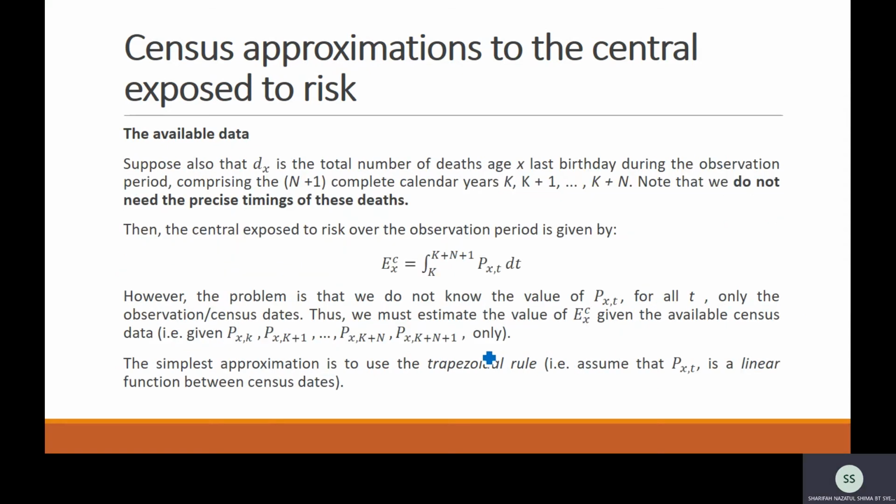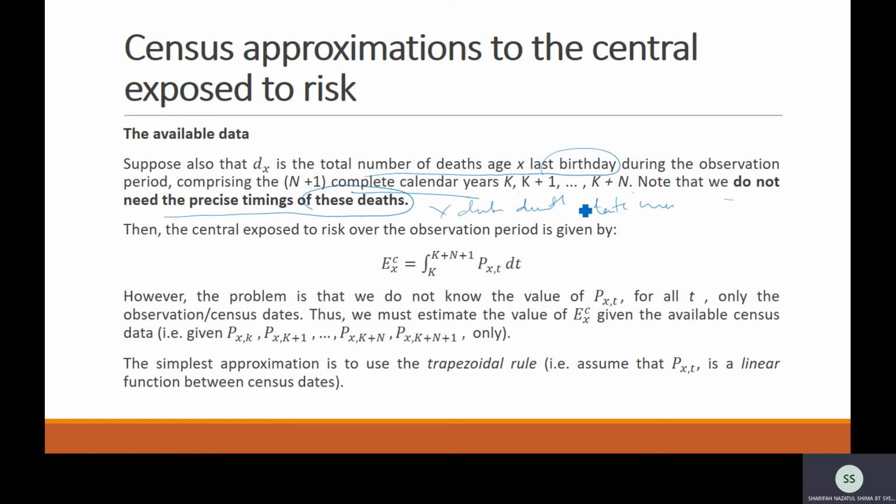Suppose dx is the number of deaths between age x and age x plus 1, the total number of deaths aged x last birthday during the observation period comprising the N plus 1 complete calendar years, K plus 1 until K plus N. Note that we do not need the precise timing of these deaths, so you don't need the date of death or date of withdrawal.